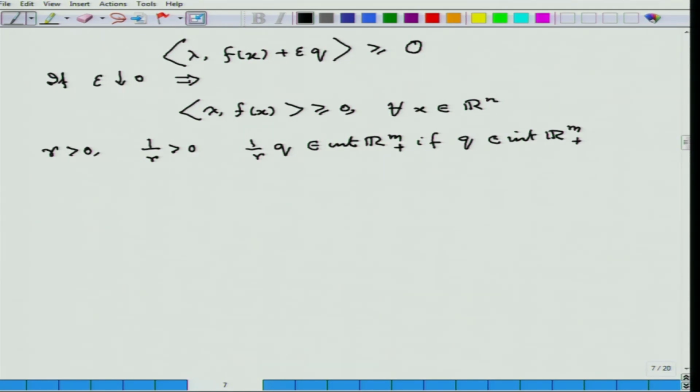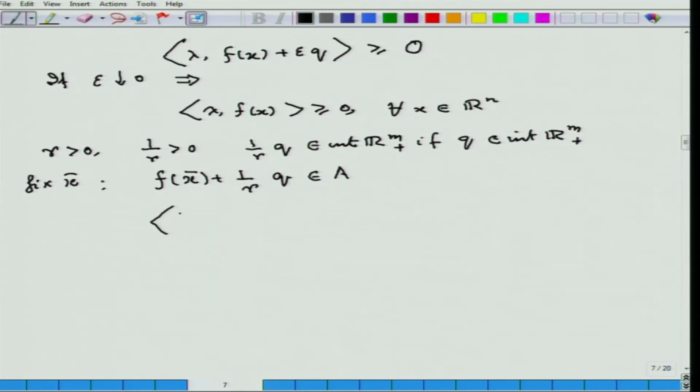So, this is obvious, because if you take a positive number and multiply by a positive number, this is a positive number. Now, construct this element, take an x bar, fix x bar, and construct the element f of x bar plus 1 by r times q. Now, this q could change, take any q. I have taken a q, constructed this 1 by r, fixed up the x and constructed this element, and this element is again in A.